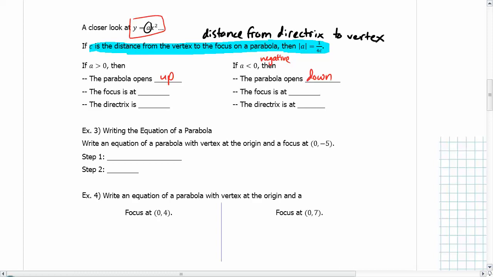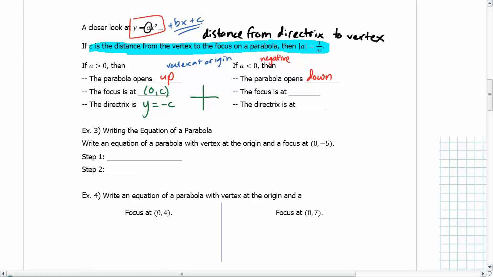Now, if there is nothing over here, like plus bx plus c, if that doesn't exist, then the vertex is at the origin, 0, 0. Then the focus is going to be at 0, c, and the directrix is going to be at y equals negative c.